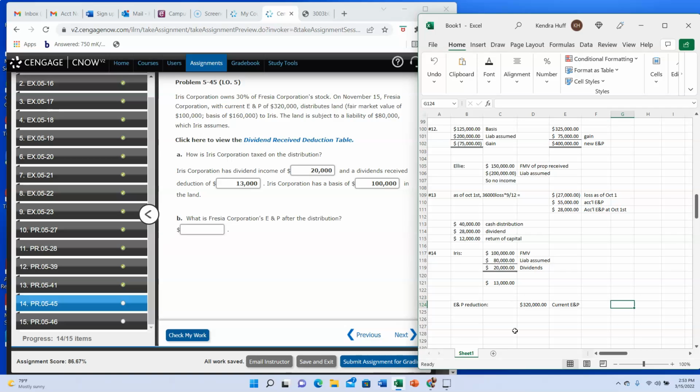All right, and then we had fair market value of 100,000, 160 is the basis. So since the basis of the land is greater than the fair market value, you use the basis. So the basis of the land was 160, but a liability of 80 was assumed.